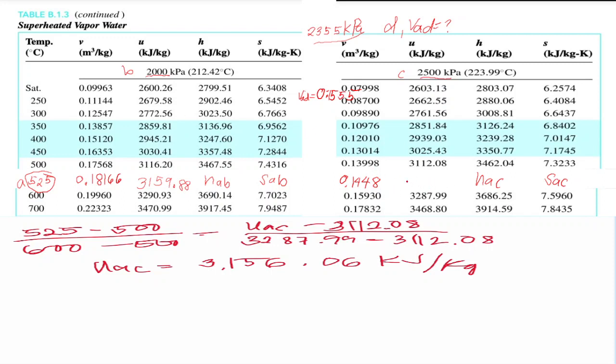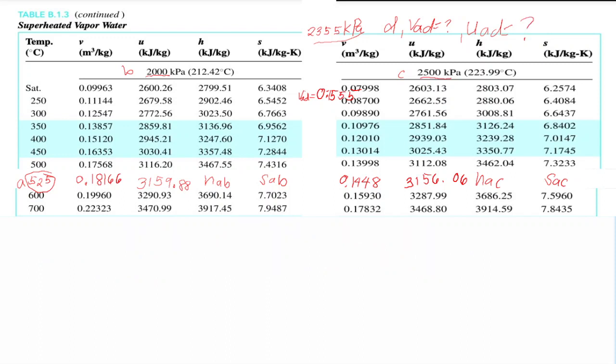And now we are ready to determine our UAD, or the internal energy at 525 degrees Celsius and at 2355 kilopascal.